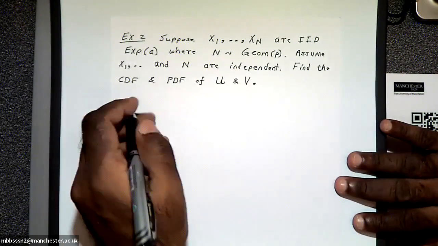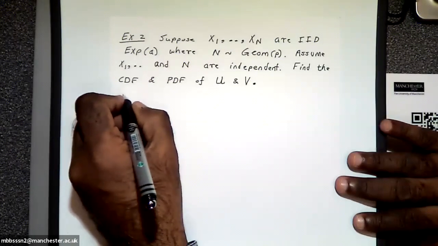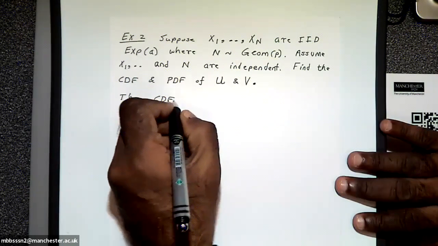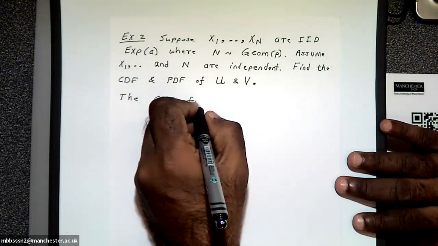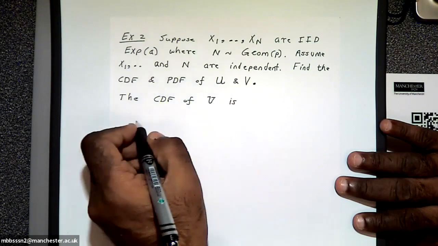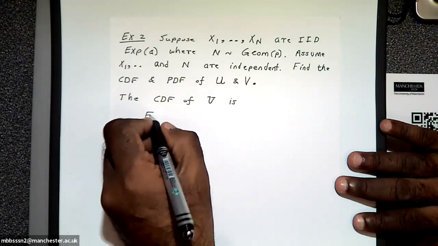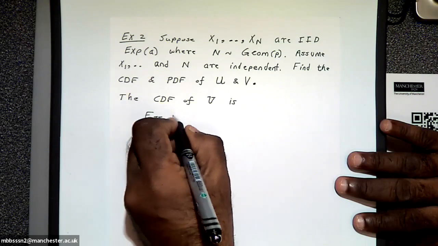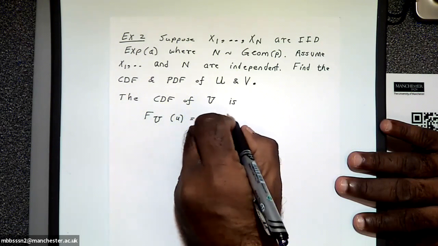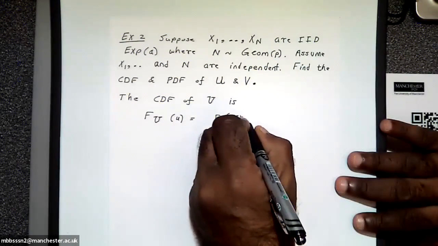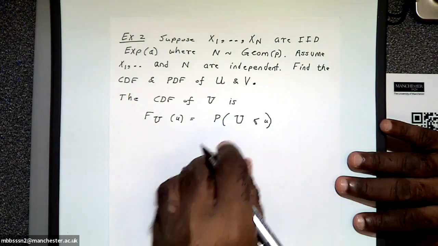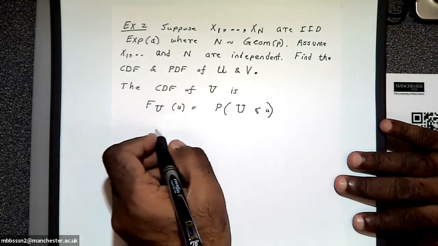Okay, so let's see how we can do this. First of all, let's try to find the CDF of U, which is the probability that capital U is less than or equal to u.